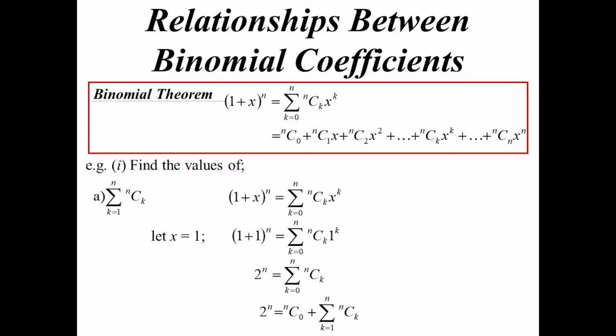Well, we know k equals 0, sub it in, we'll get nC0. We also know nC0 is always equal to 1, regardless of what n is. So if I move that to the other side, I get a result. So the sum of nCk, starting at 1 going to n, will always be 2 to the power of n minus 1.